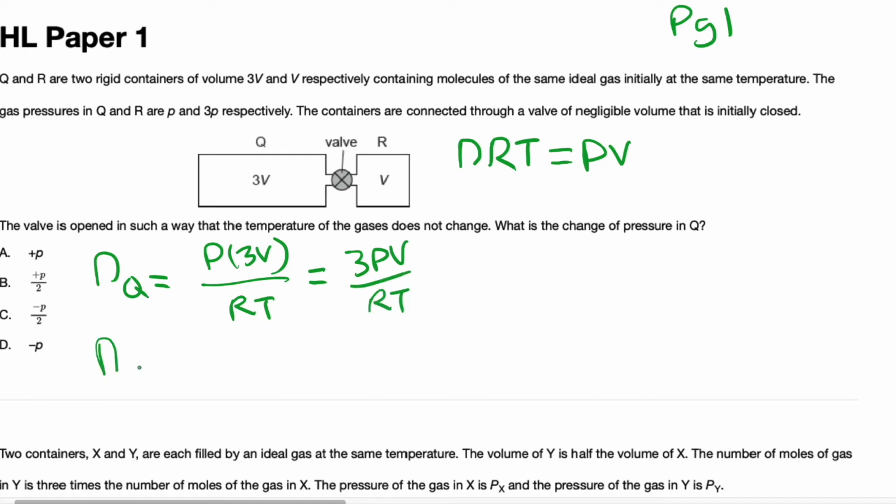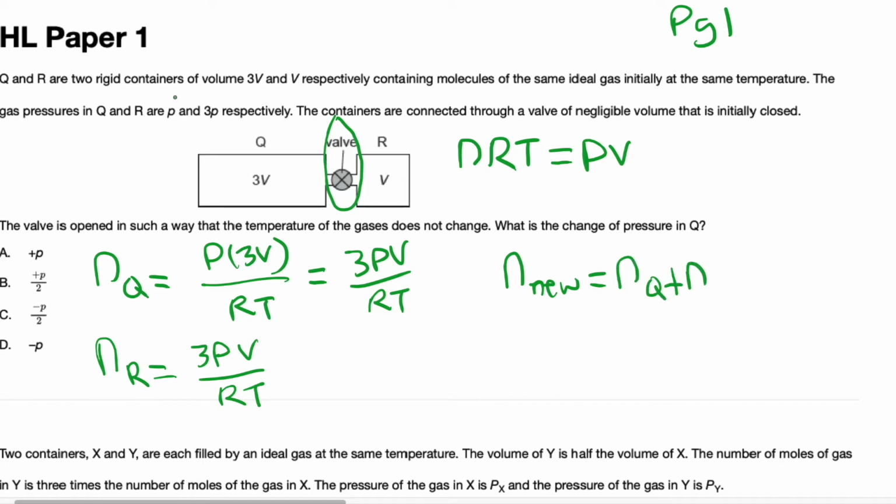And for N sub R is same thing. So pressure at R is equal to 3P and volume at R is equal to V, divided by RT is here. And after this part is open, we will say that the N sub new, so number of moles, is going to be equal to the new pressure multiplied by their volume.